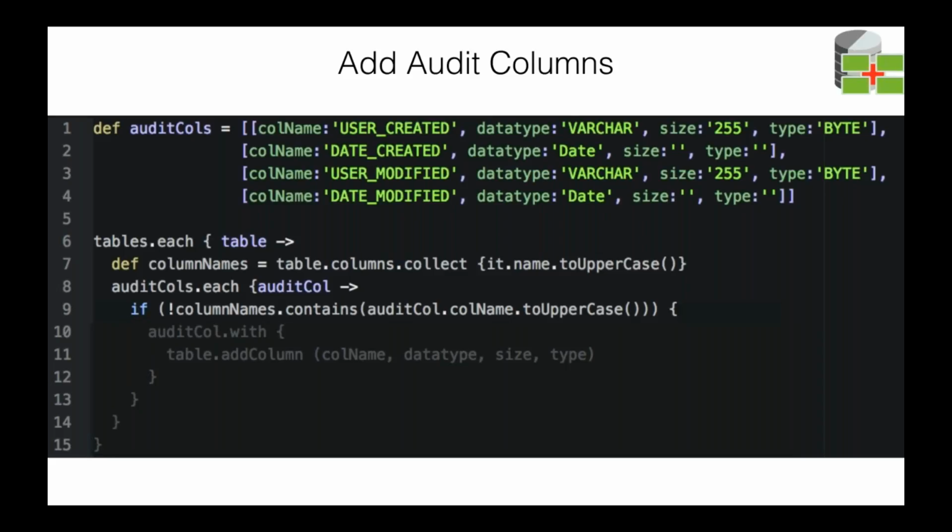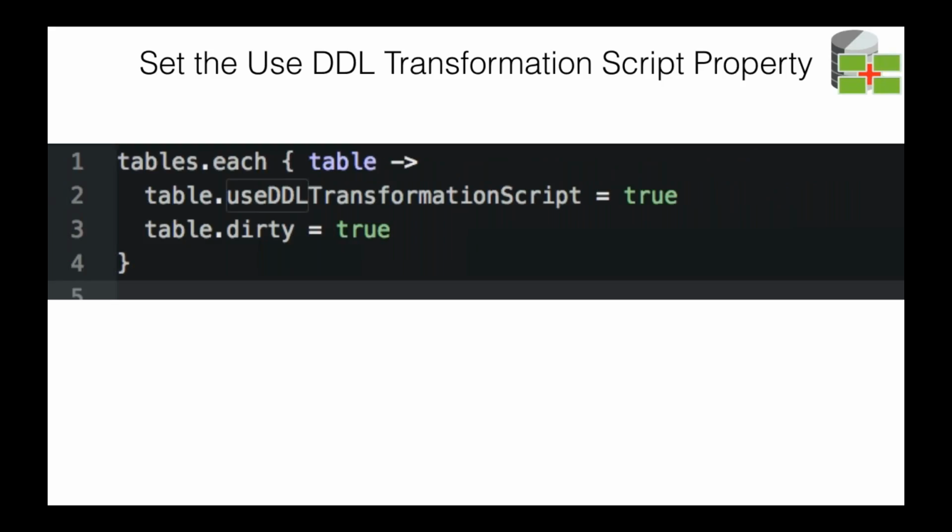And if it does not contain the audit column, we're going to add that to the table. In my opinion, a simpler, more straightforward solution. And how we got here was setting the use DDL transformation script property on all the tables. This is a script to do just that.